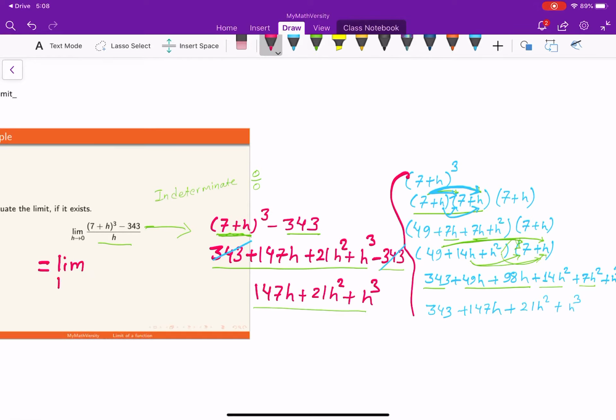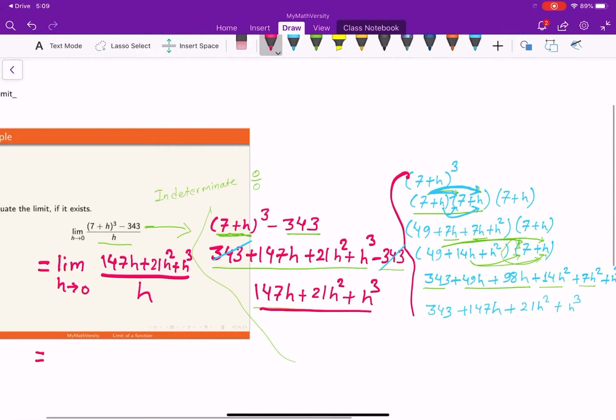Since our goal is to evaluate the limit of this numerator, which is 147h plus 21h square plus h cube, right? So that's what we have over here, and then everything divided by h. Still, like the first time when we tried to use the quotient rule, we will have 0 on the denominator, 0 on the numerator, so it's still indeterminate form.